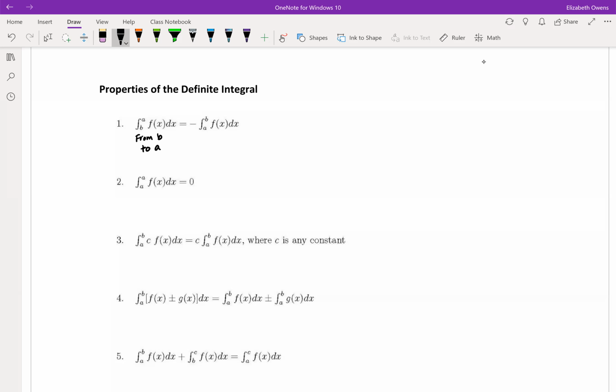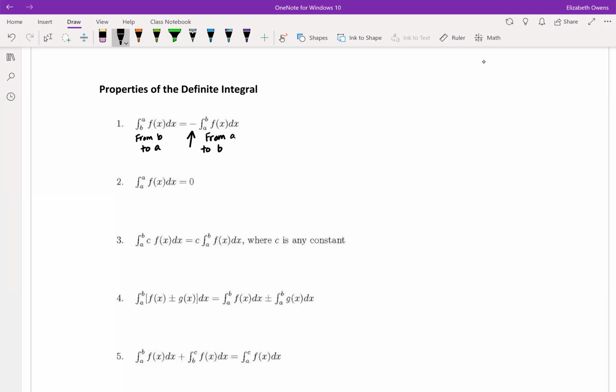So if you take the integral from b to a, it's going to be the negative of what the integral would have been if you had gone from a to b. If you switch the order of your limits, the integral becomes multiplied by a negative.